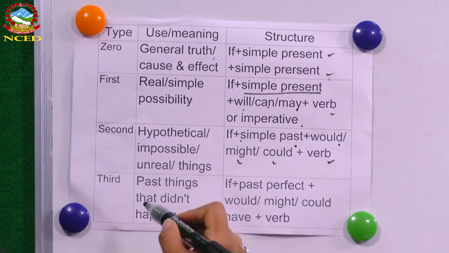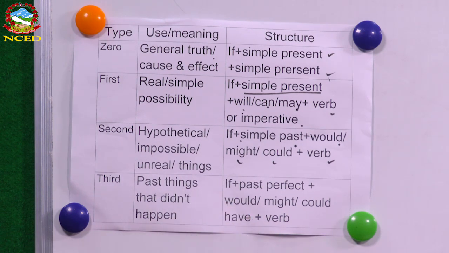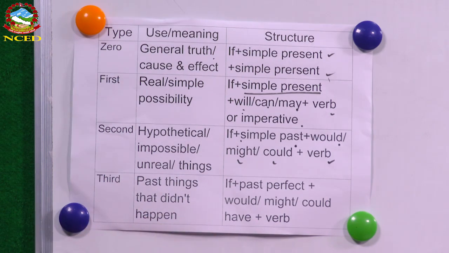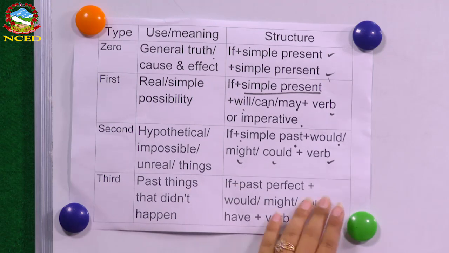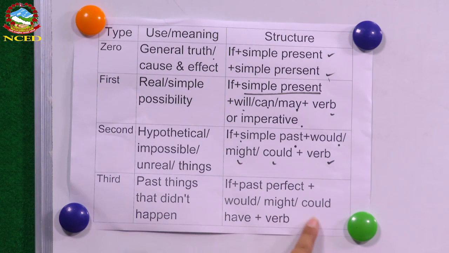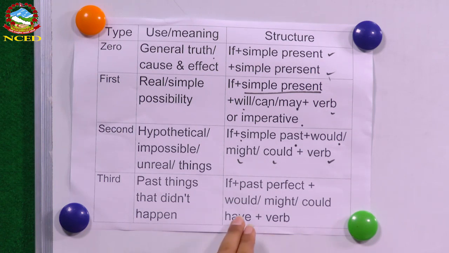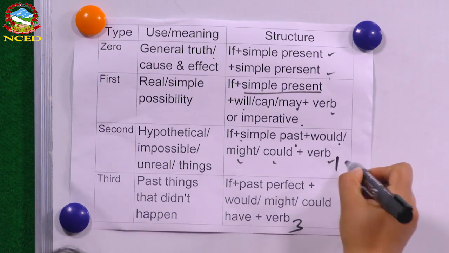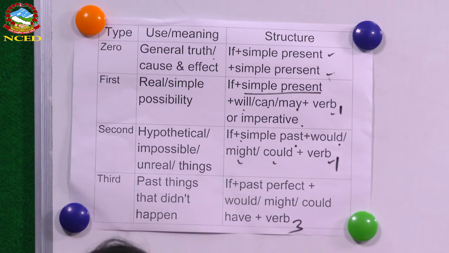And the third conditional always talks about past thing that didn't happen. पहिलेको कुरा तर जुन हुन सकेन, यस्तो भइरहे भए यस्तो हुन्थ्यो भन्ने सेन्समा, okay? And the structure is the if clause consists of past perfect tense and the main clause consists of would or alternatively might and could plus have and the third form of the verb, participle form of the verb, here the base form of the verb, here also the base form of the verb, okay?